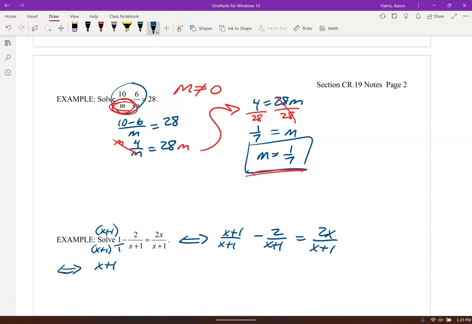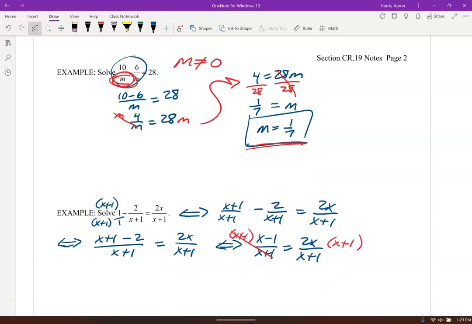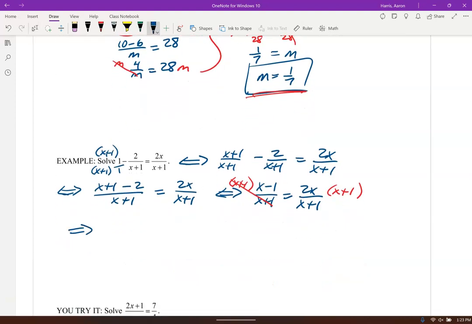So I have x plus 1 minus 2 all over this x plus 1. And then combine 1 minus 2. And now I can clear out that denominator. Multiply this side by x plus 1, which means I've got to multiply that side by x plus 1, which means we'll have x minus 1 equals 2x.